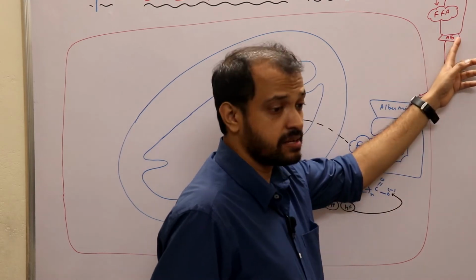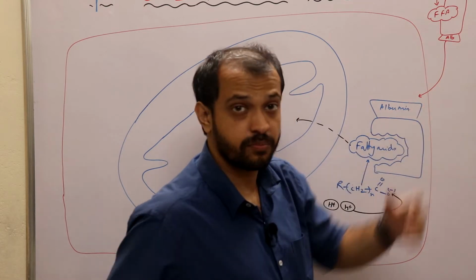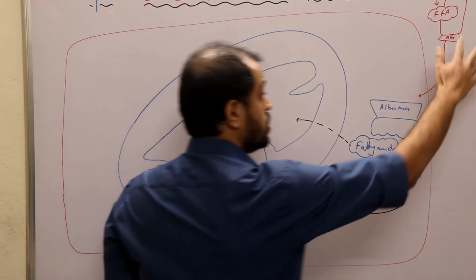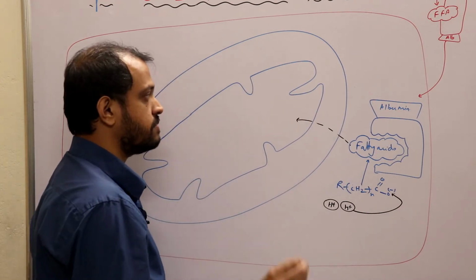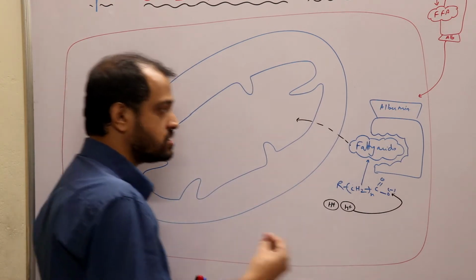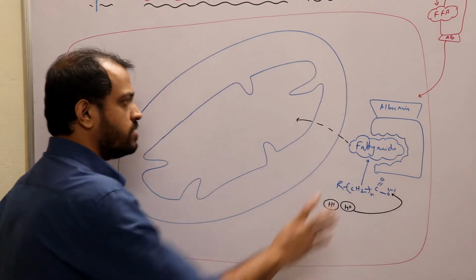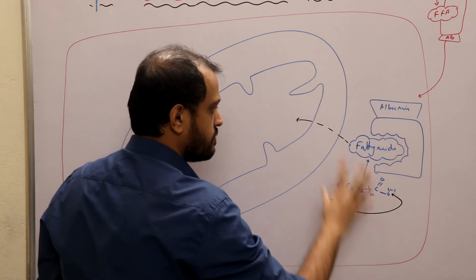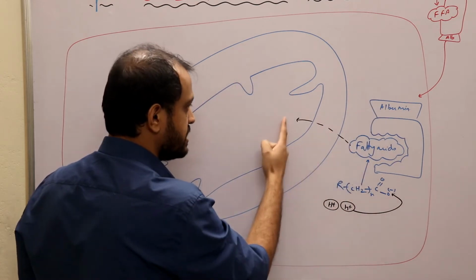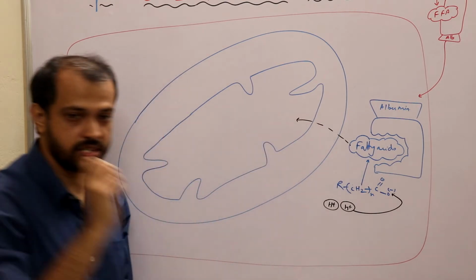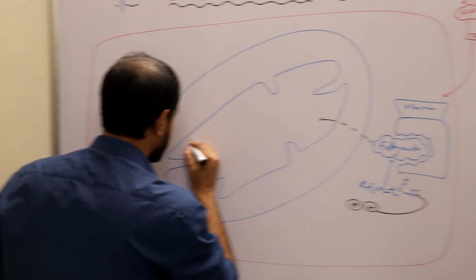That means they need some additional protein carrier so that they can become sufficiently polar to move around in blood, which is made up mainly of plasma, and the most important constituent of plasma is water, which is polar. Now we are not going into the details of these things. Our main aim is how we can transfer this fatty acid into the mitochondrial matrix. This should be our first and most important aim. Okay, this is our mitochondrial matrix.